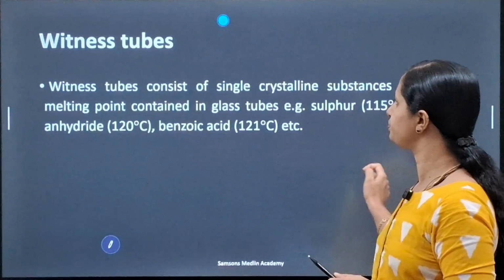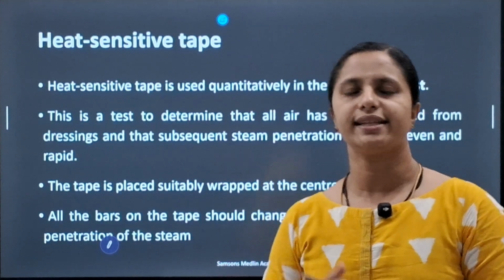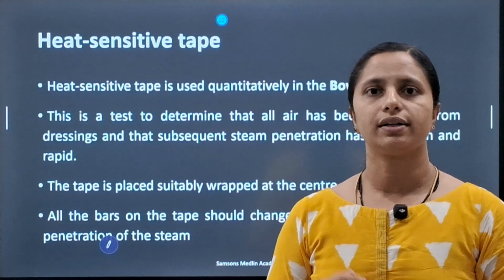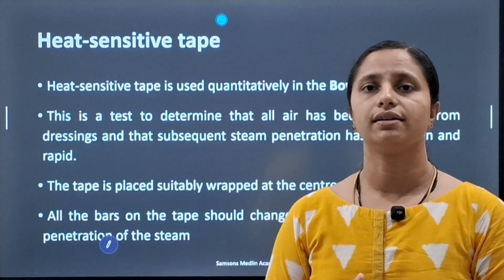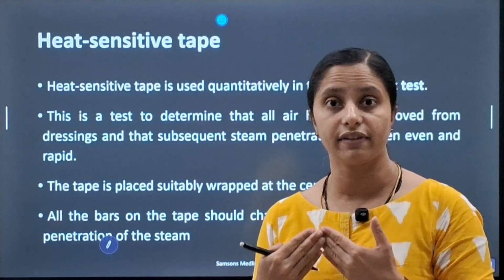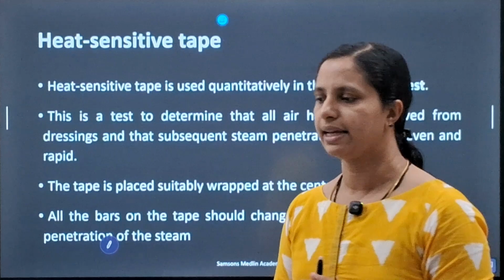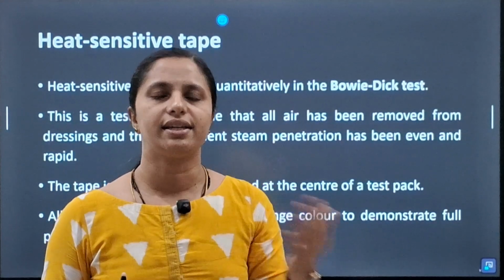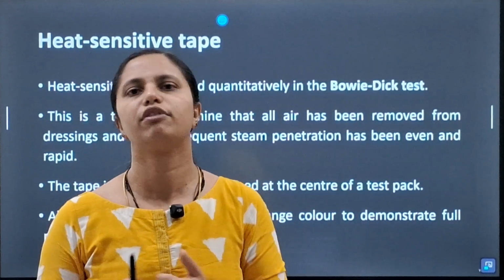Next is another indicator called heat sensitive tape. This tape has many bands, that is stripes, on it. These stripes will turn into a dark color when a specific temperature is attained. And this heat sensitive tape is used in the Bowie-Dick test. So what is the Bowie-Dick test? It is a test done to check whether steam penetration is even and rapid in all areas of the sample for sterilization.